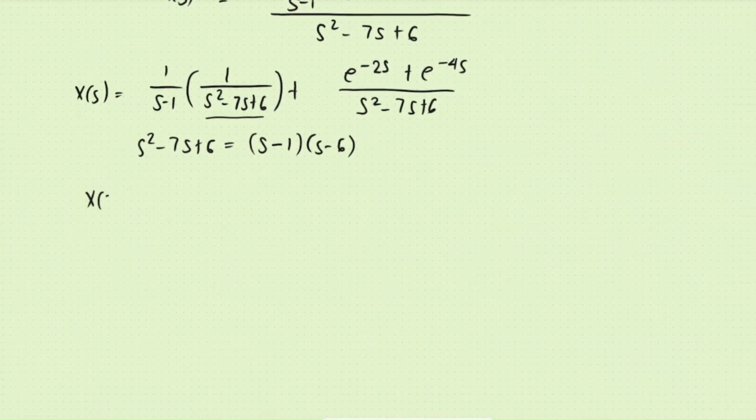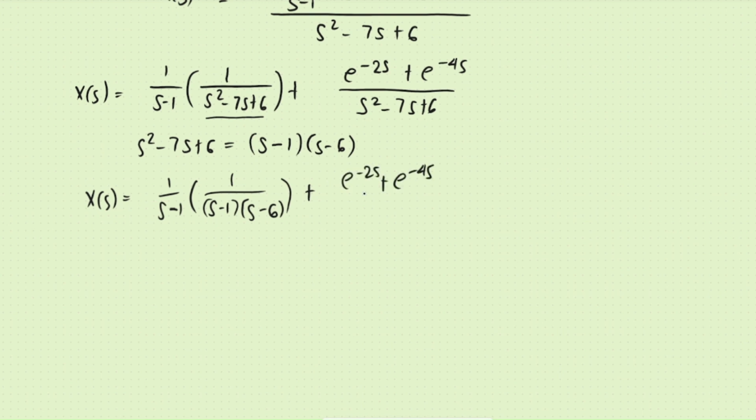So our X of s now will be 1 over s minus 1 times 1 over s minus 1 times s minus 6, plus e to the negative 2s plus e to the negative 4s all over the factored form, s minus 1, s minus 6. And we'll go look for the partial fraction decomposition.